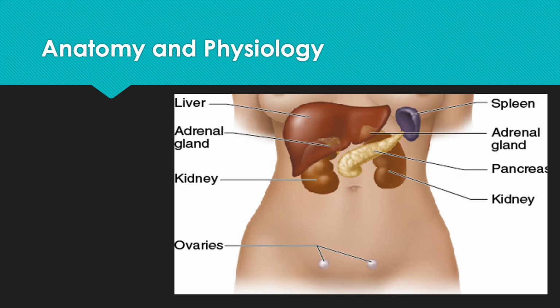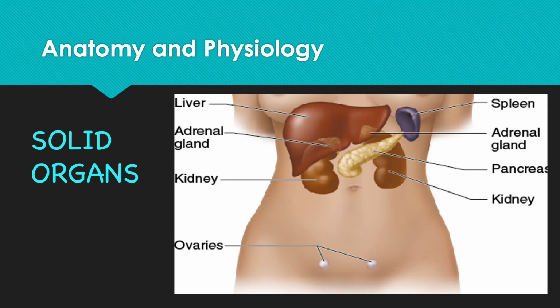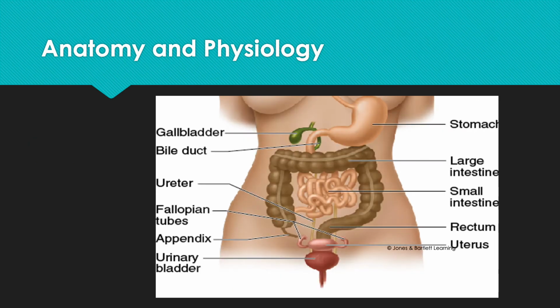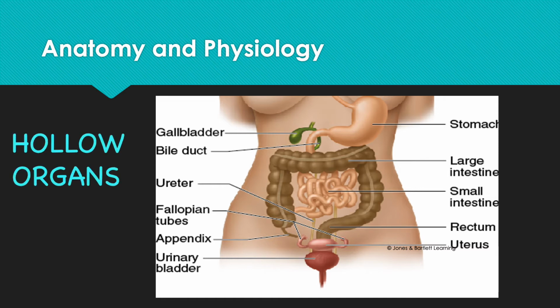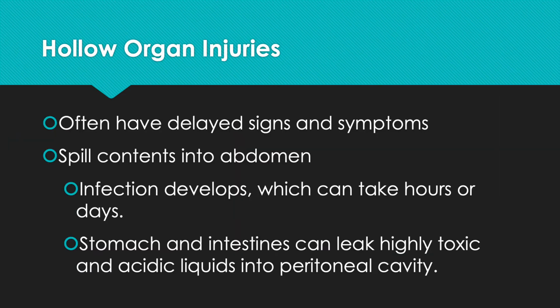And if you are more of a visual learner, this is a picture of your solid organs and where they're located. And this is a picture of your hollow organs and their locations. Your hollow organ injuries typically take longer to show signs and symptoms.